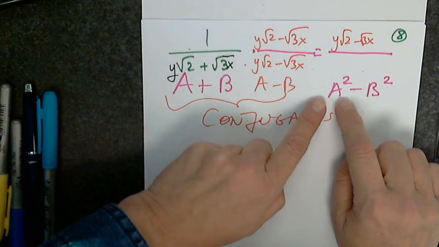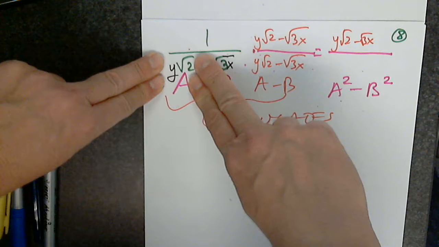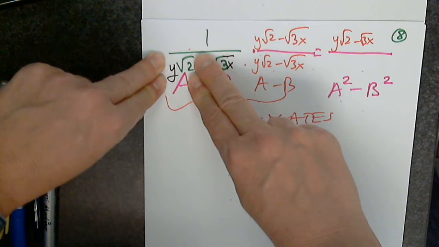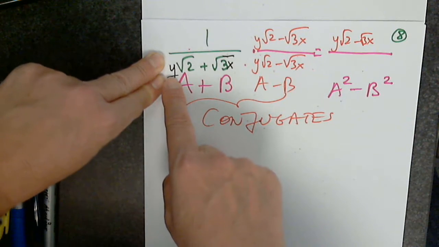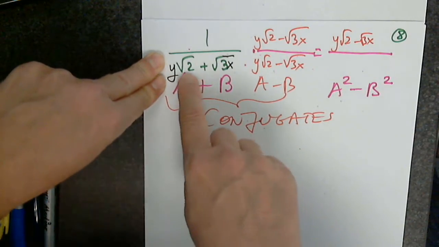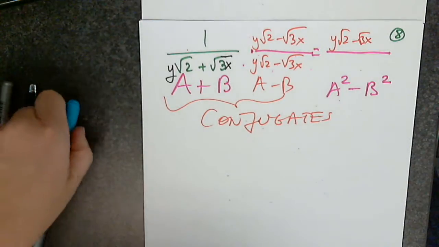I have to square the first term. There are 2 factors in there. Please square the first term, the first factor. Y squared. And now square the second factor. 2. So what should I write?